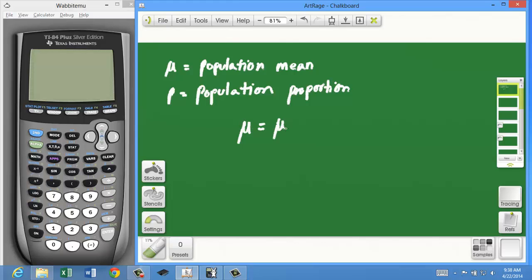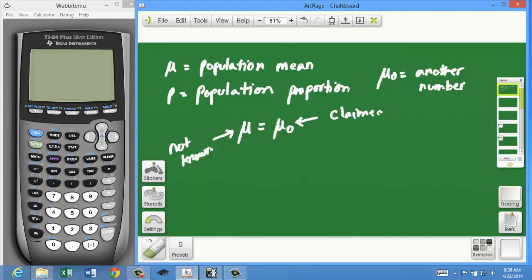Let's say mu naught is another number. The only difference is that mu is not known because it is the population parameter. It's not known, so I can just write it as a notation. But mu naught, on the other hand, is a claimed value. It is known.